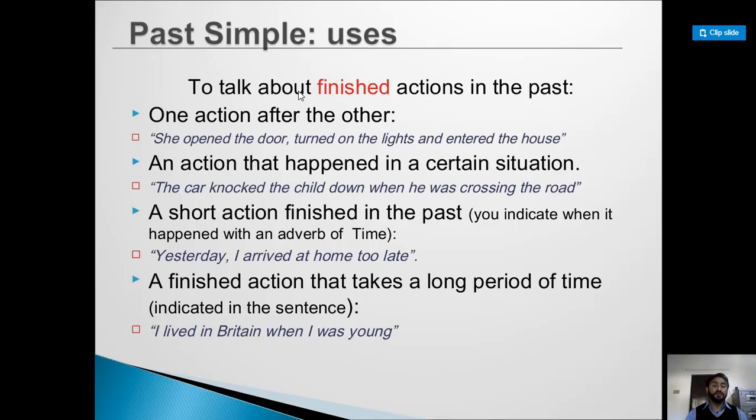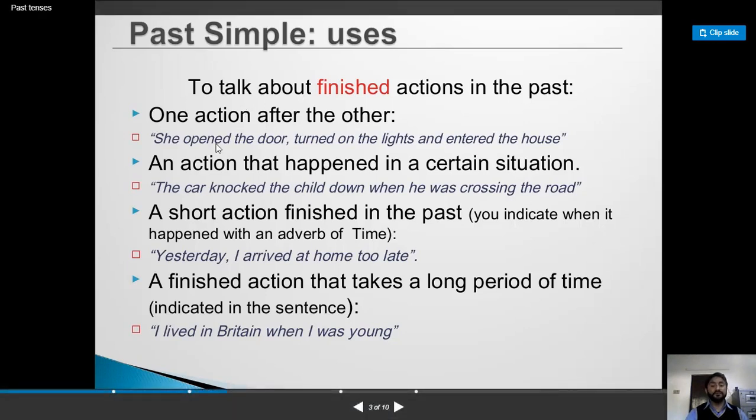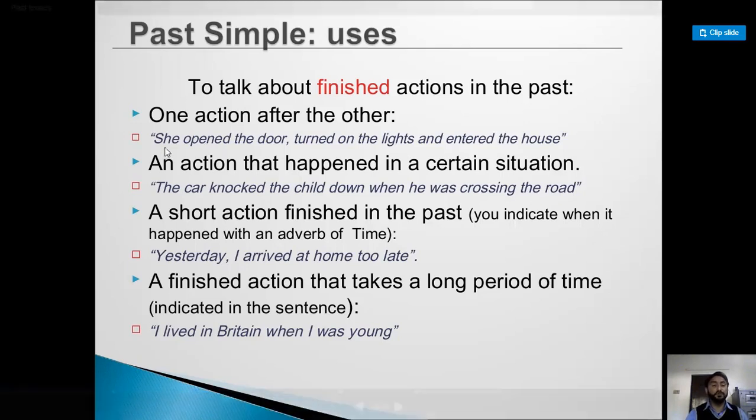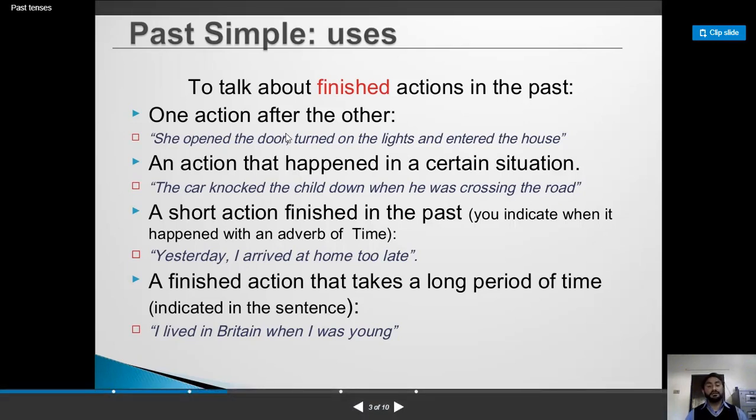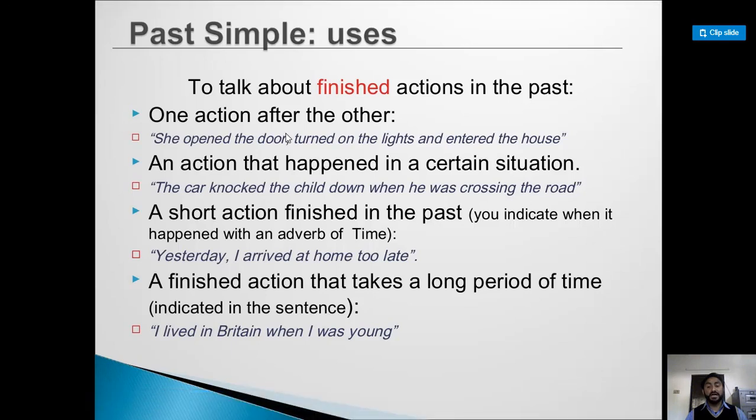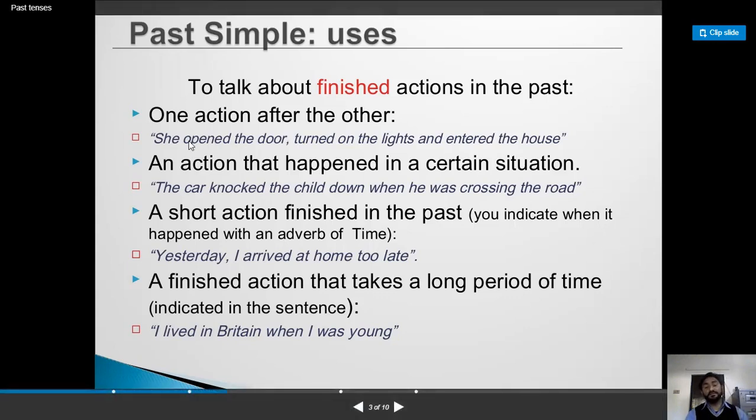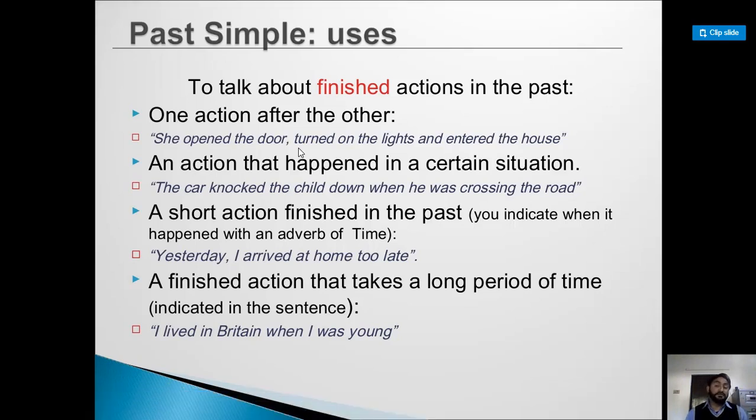One action after the other. You can also use the past simple for one action after the other. Here you can see: she opened the door, turned on the light and entered the house. When you want to express actions which happened one after the other, here she opened the door first, turned on the lights and then entered the house.